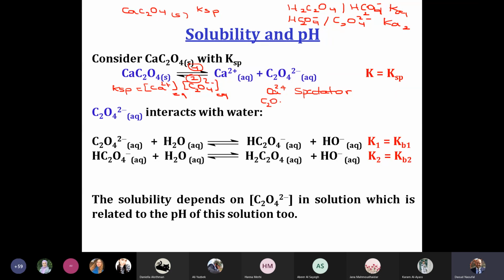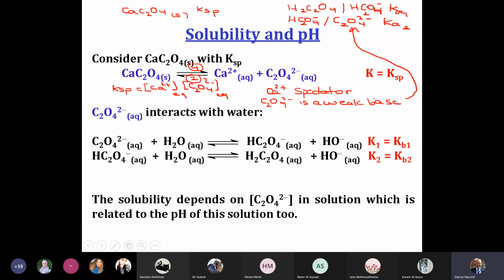C2O4 2- is a weak base since it appears in the couple HC2O4- / C2O4 2-. What is the meaning of this statement? C2O4 2- is a weak base.